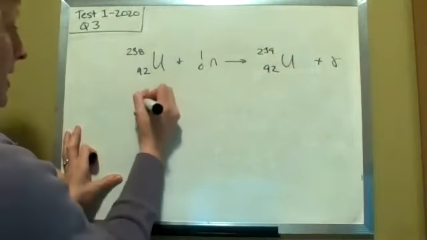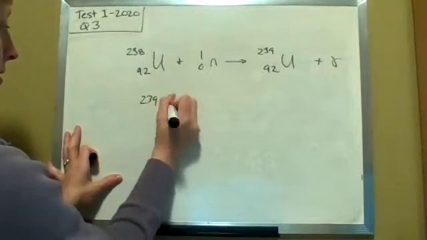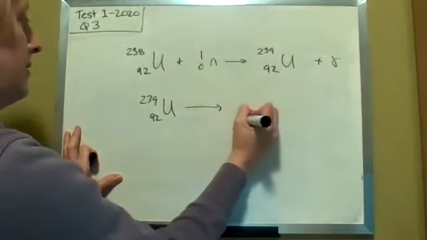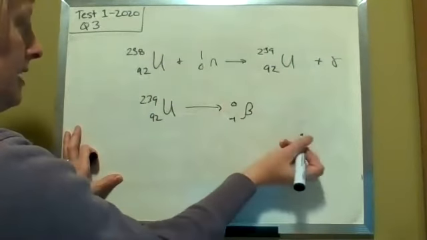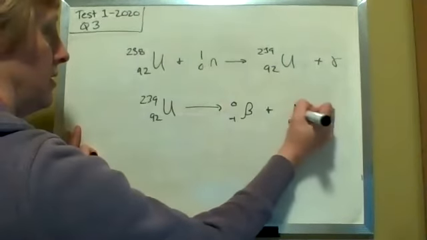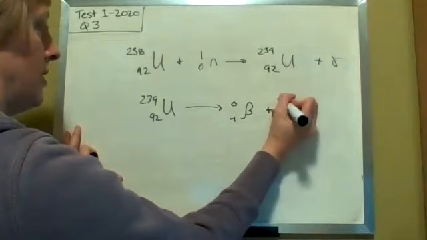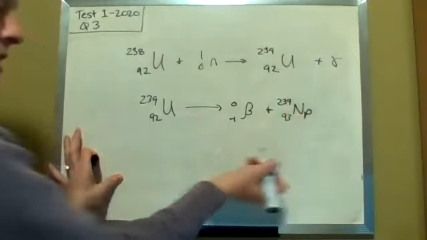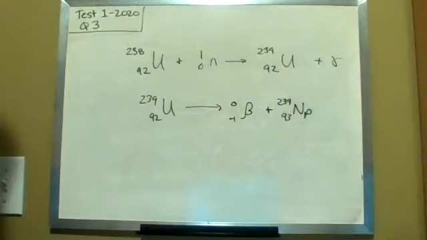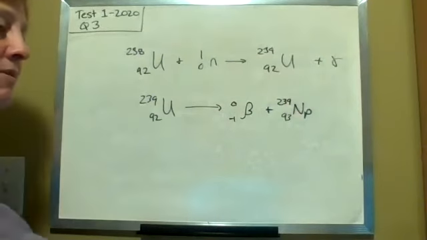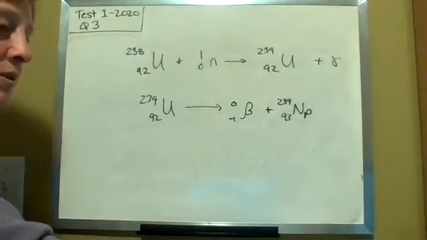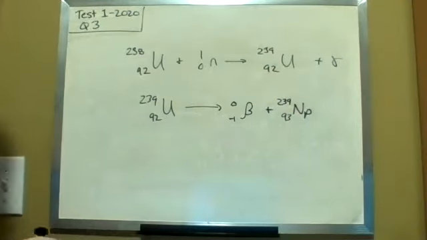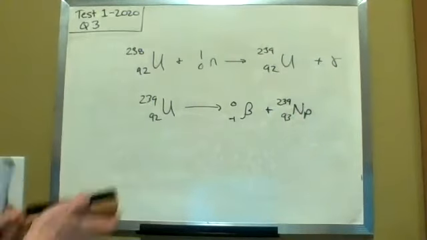Now, uranium-239 is now decaying by a beta decay to produce neptunium. So you have a 239 on top, and we have a 93 on the bottom. So that's it for that question. And yeah, of course, you have neutrinos or antineutrinos and gammas and all of these, but that's okay for this case. Now, part C, get a little bit more math here.